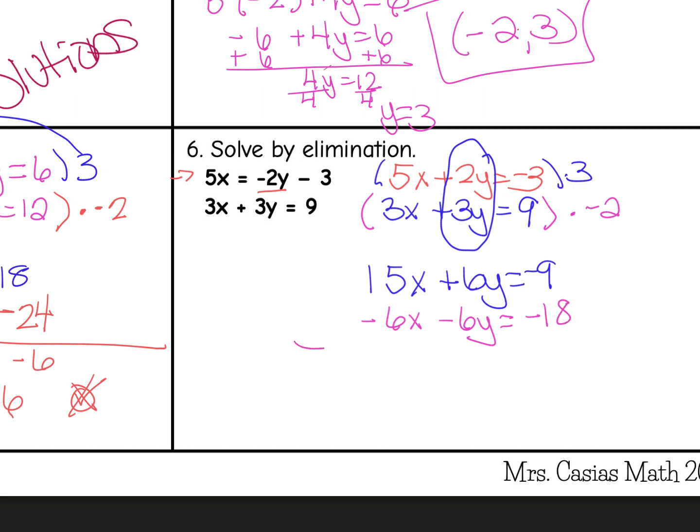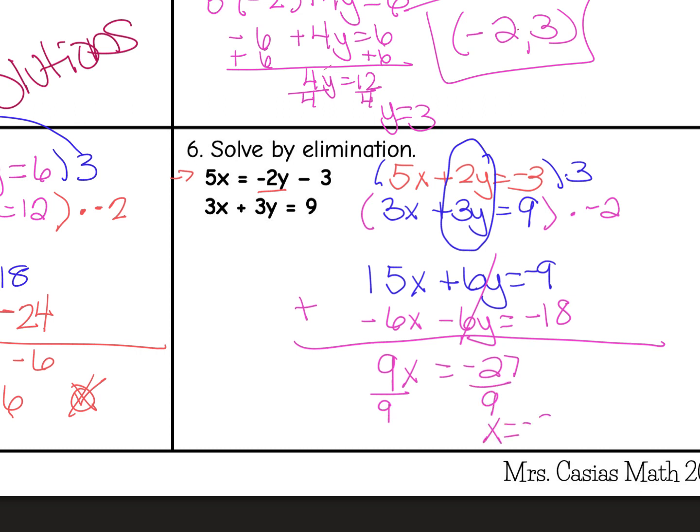Okay. And now I'm just going to add these two equations together. So I have 9x. My y's cancel out. I'm left with negative 27. And now I'm solving for x by dividing by 9. So my x value is negative 3.